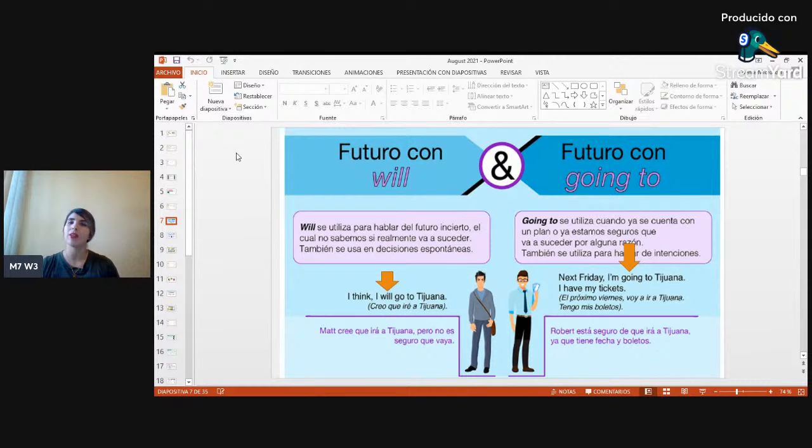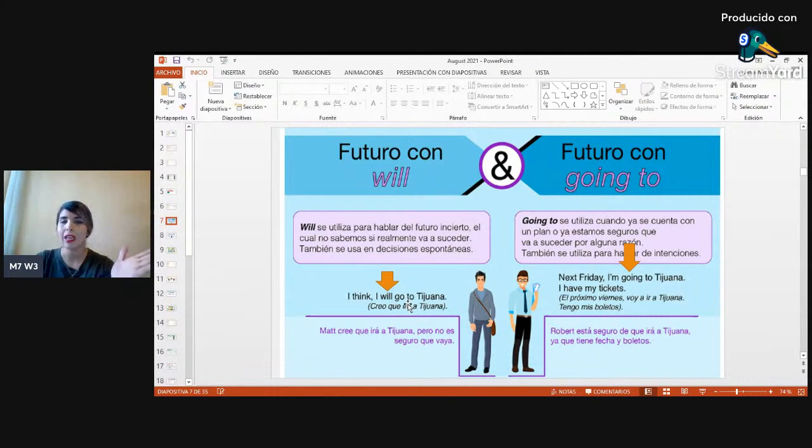Because if you see here, we use the auxiliary will. Si se dan cuenta, en la estructura tenemos sujeto o pronombre personal, then we continue with will. Usamos el auxiliar will. Y si se dan cuenta, tenemos el verbo. We just take it from the chart, solamente lo tomamos desde la tabla y lo ponemos. Entonces tenemos I will go to Tijuana.